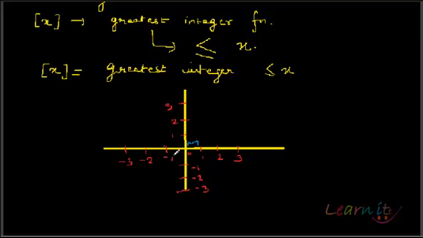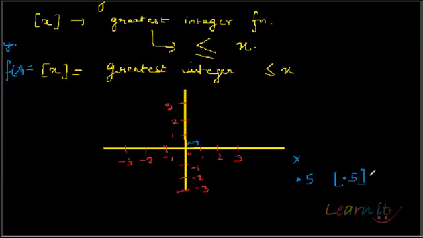Now we want the greatest integer which is less than or equal to all these numbers between 0 and 1. Okay, so that is my f(x), that's my y. So my y value for 0.5, which is between 0 and 1, will be what?